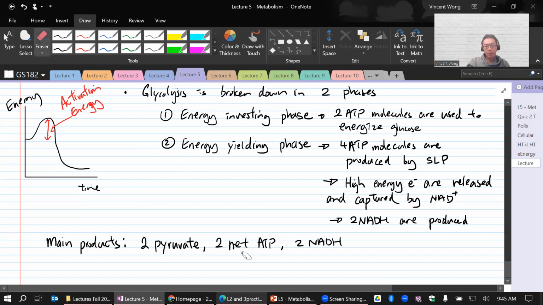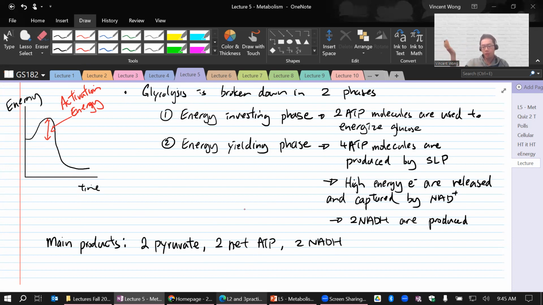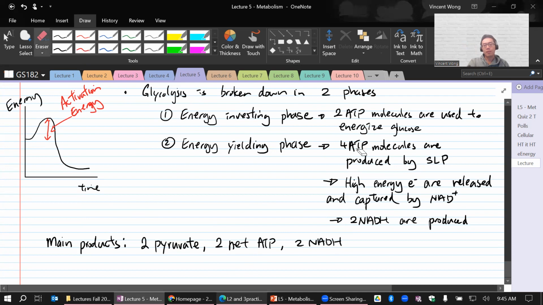Remember, we actually invested 2 ATP to start the process. So even though we produce 4 in the yielding phase, overall, we are only gaining 2, right? That's why it says 2 net ATP. And you get 4 gross, 2 net. Gross is before you subtract your expenses, right? So 4 gross, 2 net.